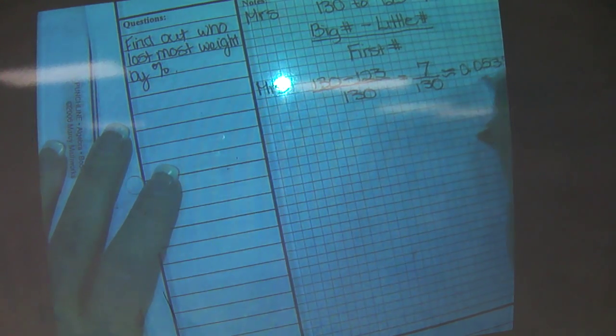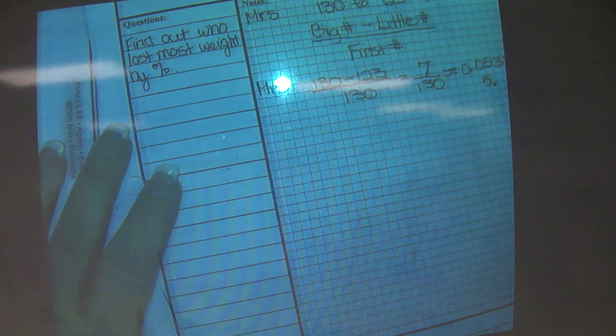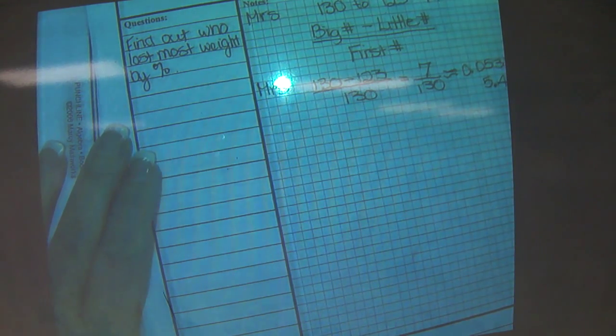So it's going to be 5.38. I only want to take it to 1/10. So 5.4%. So Mrs. Quark lost 5.4% of her body weight.